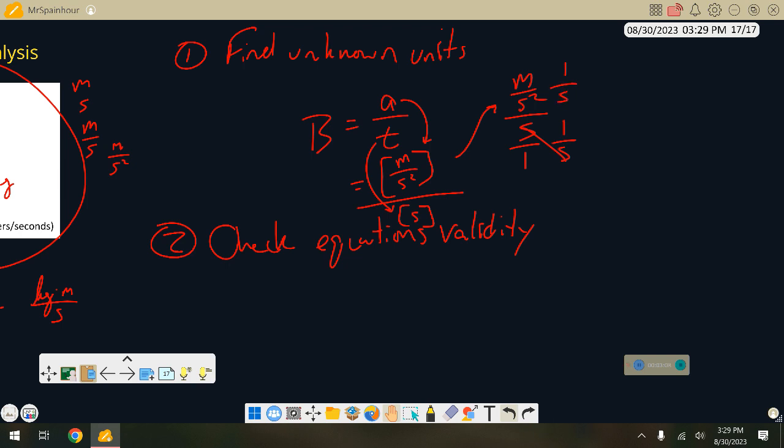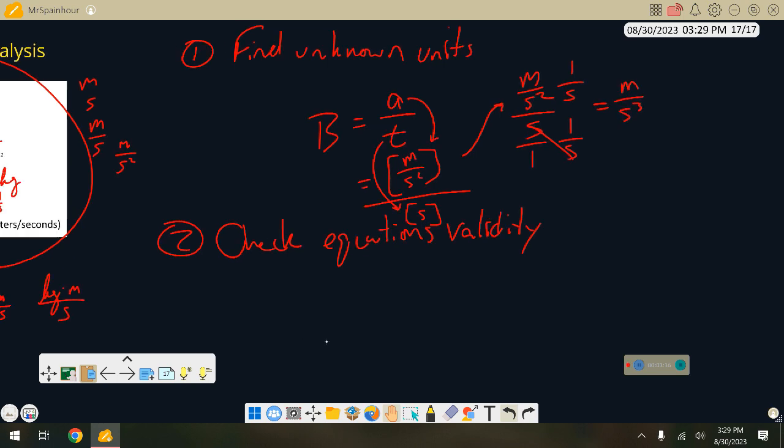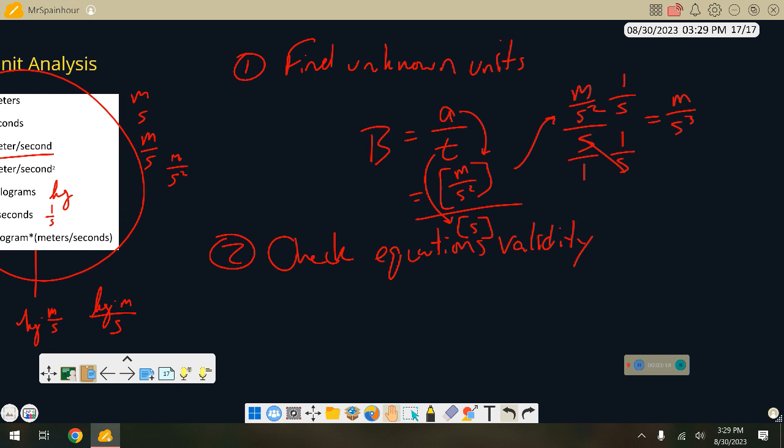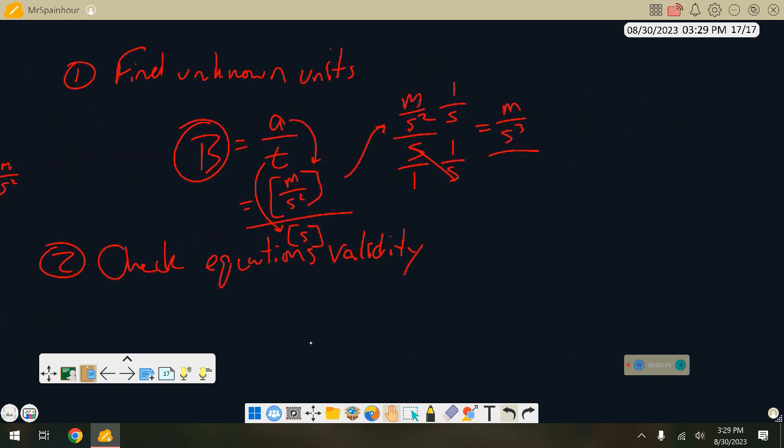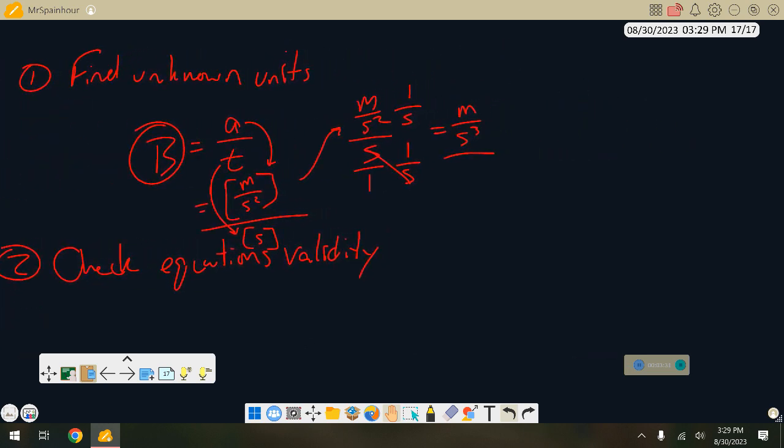When you do that, you'll notice they do not cancel. In fact, it should end up as meters times seconds to the third. And that serves our first purpose, find the unknown units. What does that mean? Well, if this is the units of the right side, then B has those exact same units.